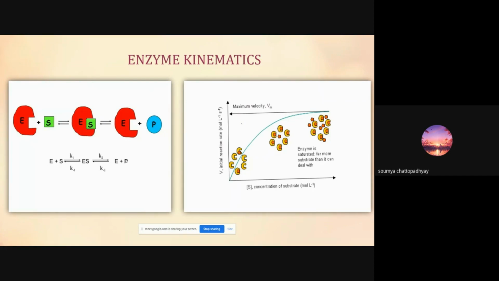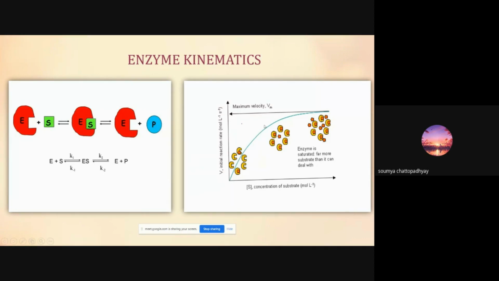You can find the velocity, which I will talk about in this picture. Like at some concentration Km, it attains a velocity which is half of the maximum velocity. So these are the things which you can find when you apply mathematics to it.